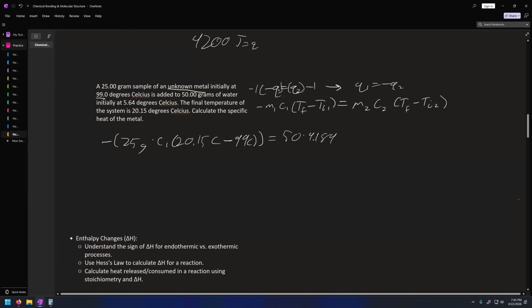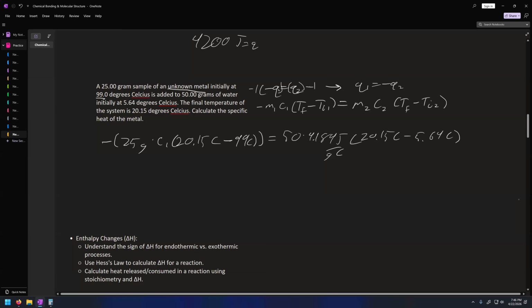If not, like I said, I will include it on your exam. So 4.184 joules per gram Celsius is the specific heat capacity of water. And now I'm multiplying that by my final temperature, again, same for both sides, minus the initial temperature of the water, 5.64 Celsius.